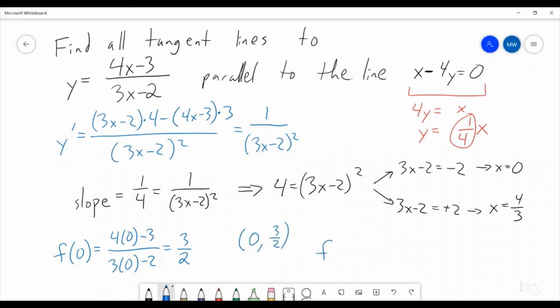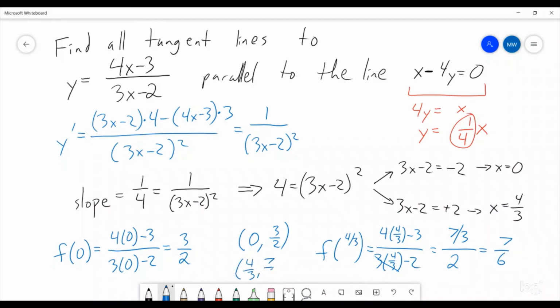The other point is f of 4/3: 4 times 4/3 minus 3 divided by 3 times 4/3 minus 2. That gives us 16/3 minus 9/3, which is 7/3, divided by 4 minus 2, which is 2. So that gives us 7/6. So we also have the point (4/3, 7/6).